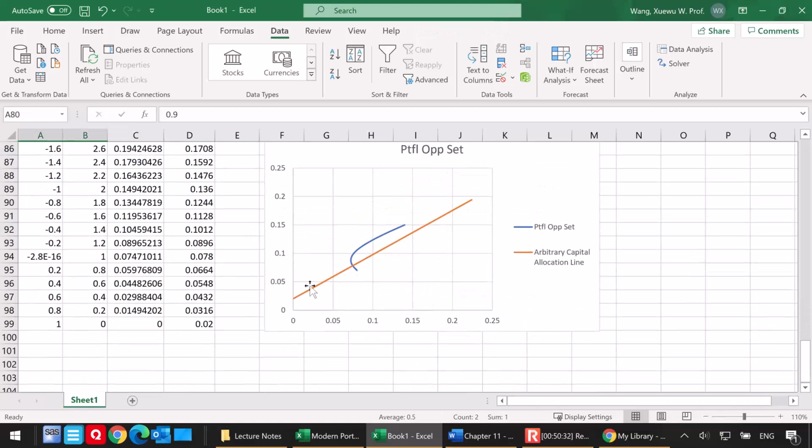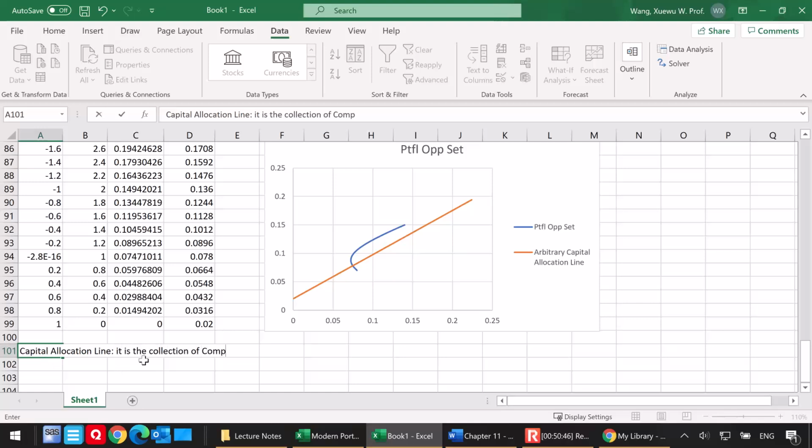All right, so now let me talk about the capital allocation line here. The capital allocation line is the collection of complete portfolios you can form by using the risk-free asset and the risky portfolio P. So now imagine, can I do better than this one here?